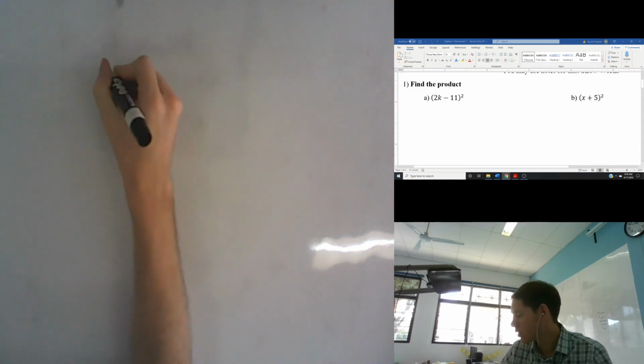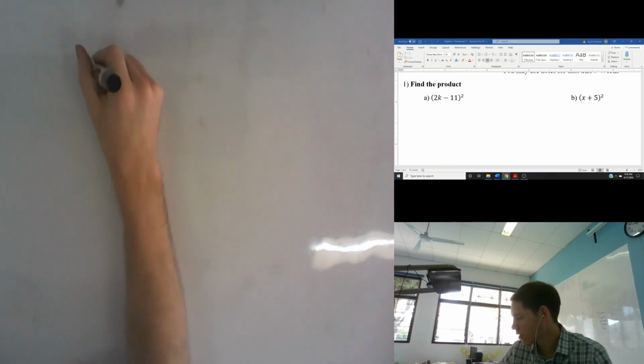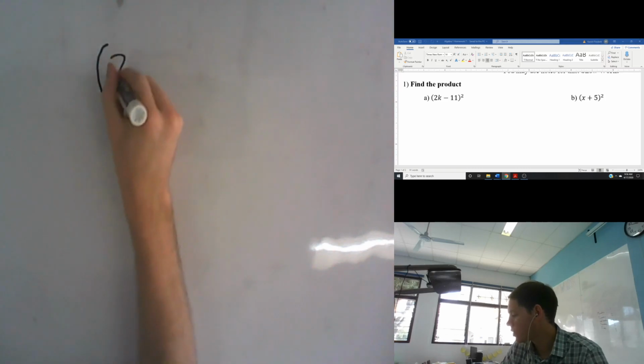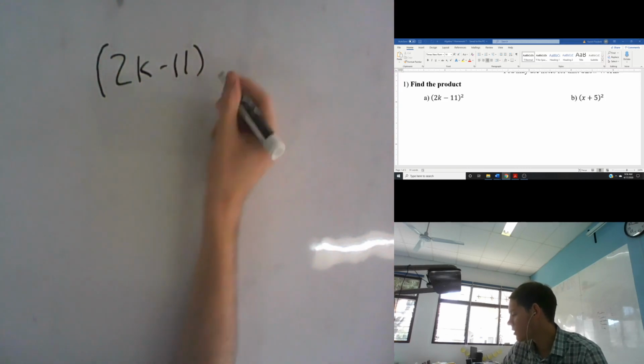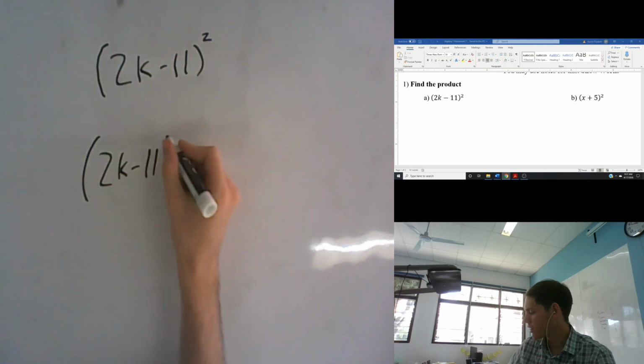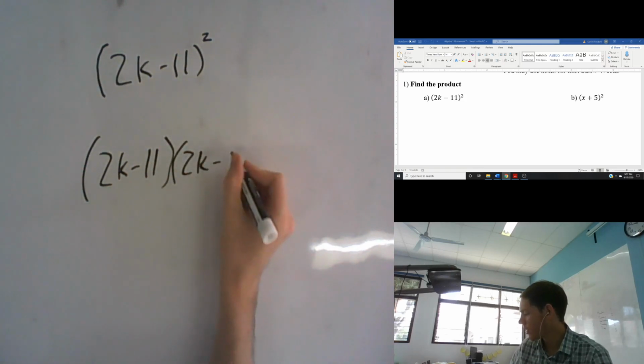Okay, so you said 2C and 1A. Well, 1A is going to be, I thought this was a good marker, but I am getting second doubts about that, so we'll try this one. So 1A is 2K minus 11, and this is squared, which means we just write 2K minus 11 times 2K minus 11.